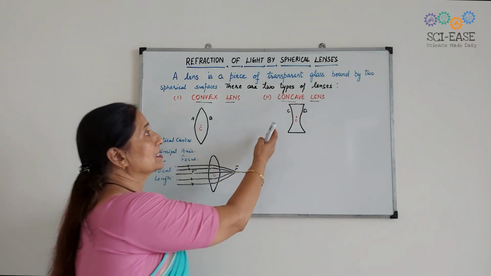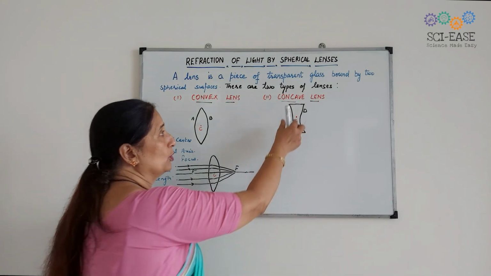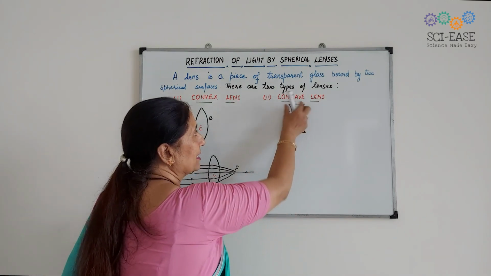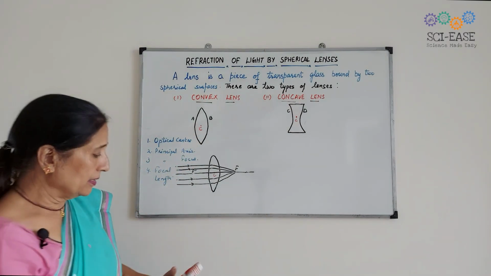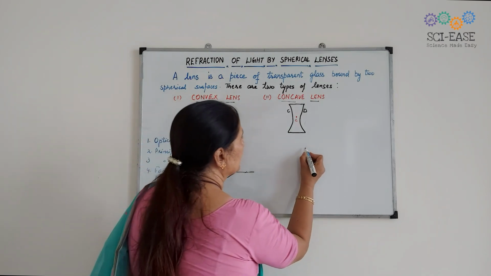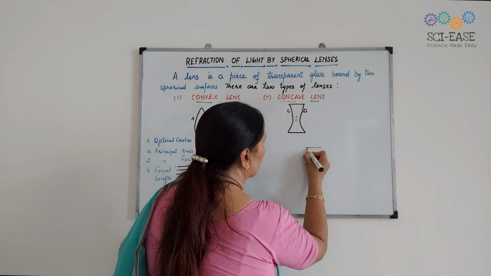Now come to the concave lens. I have told you that it is thinner in the middle and thicker towards both the ends. Now here I will again draw.